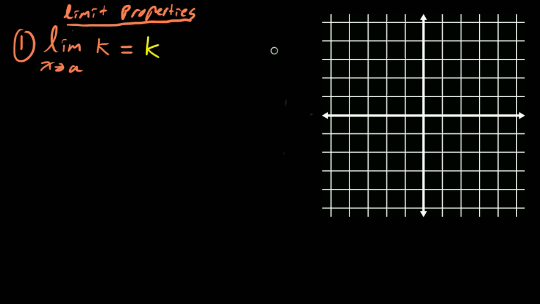You can think about it in an intuitive sense. This is like saying that we have a function f of x equal to any constant. If we said f of x is equal to 2, this would just be a line along y equals 2.